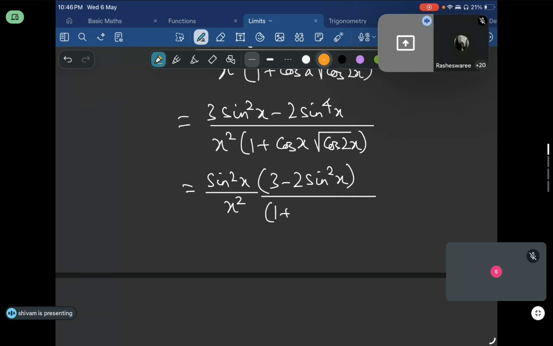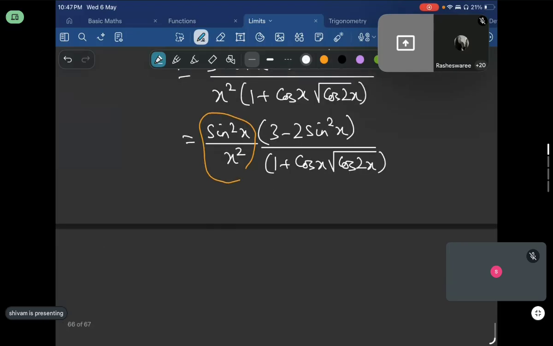So this is where the indeterminate form lies when x tends to 0. Tell me, are you people getting? Yes or no? Shashwata, are you getting? Yes, sir. This will get cancelled and you'll get 1. When you substitute x equal to 0, we are getting 3 by 1 plus 1, that is 3 by 2.